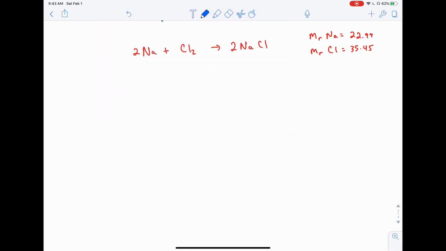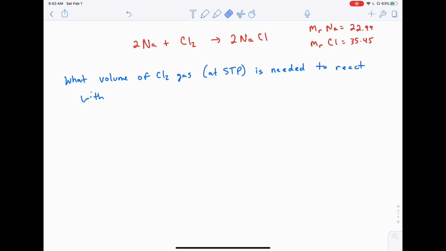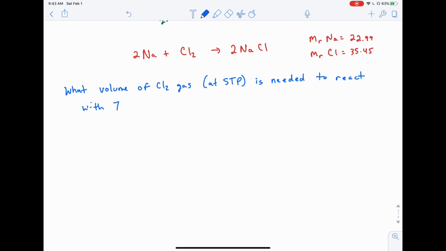What volume of Cl2 gas at STP is needed to react with 70.0 grams of Na?